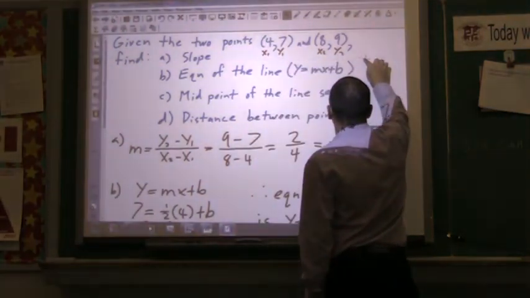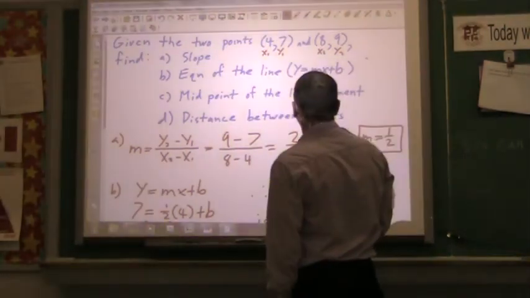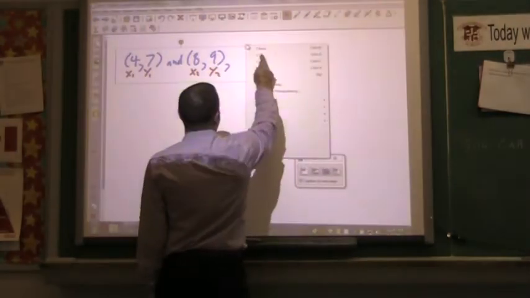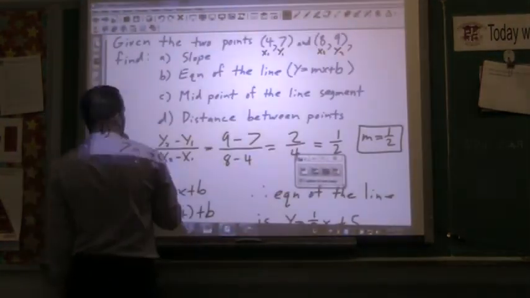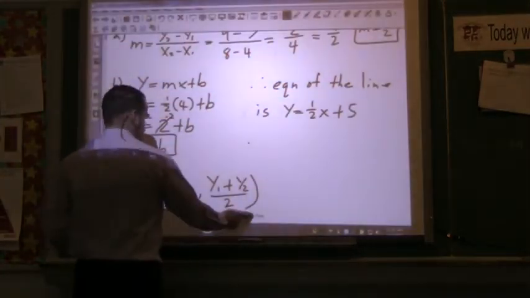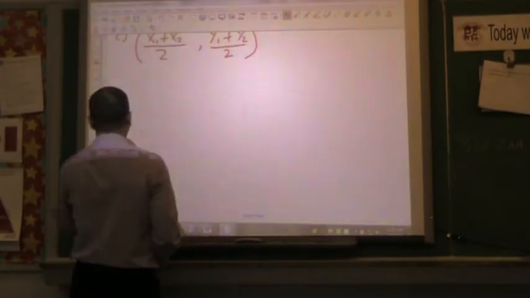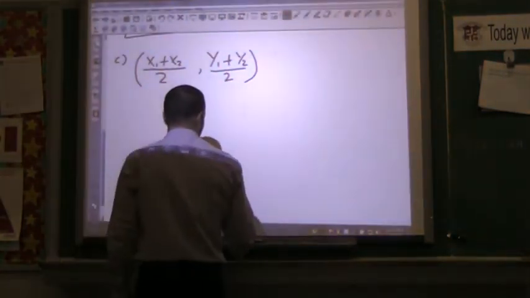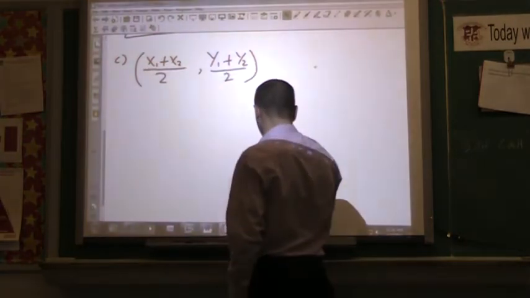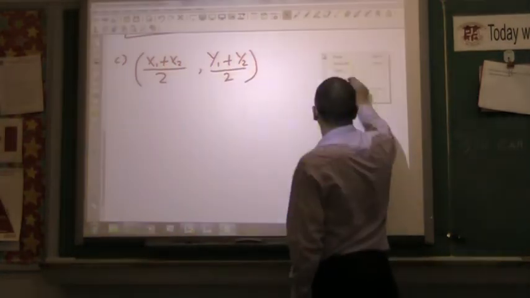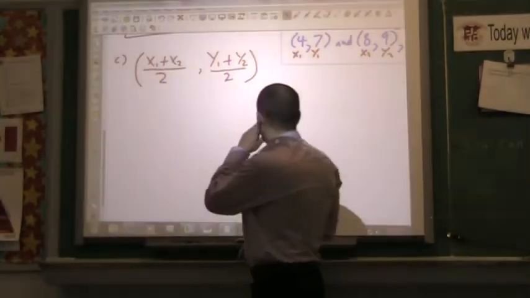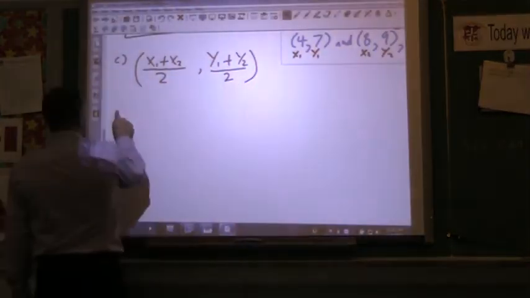Carry it down. Plug them straight into the formula here.